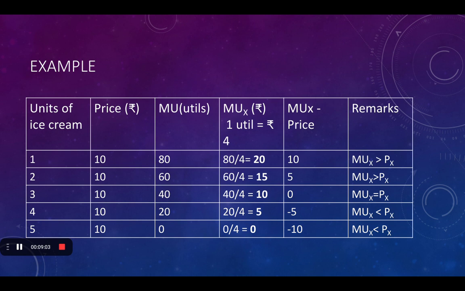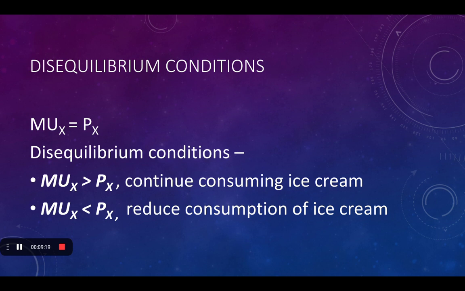That is, MU here is higher than price of the commodity. Now, when your satisfaction is higher than the price what you have to pay, you are going to keep on continuing to buy the commodity. You will keep on consuming the commodity. And therefore, when MUX is higher than PX, a consumer will continue consuming ice cream.